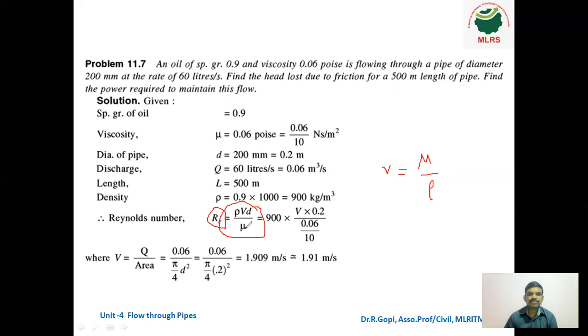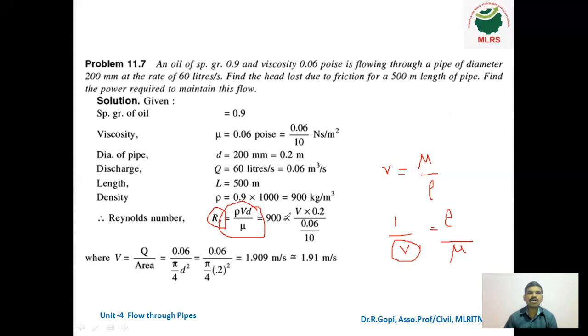So this mu divided by rho is the kinematic viscosity, and 1 by kinematic viscosity is nothing but rho divided by mu. That means it is the inverse. For that purpose only, the kinematic viscosity goes in the denominator in the Reynolds number formula.